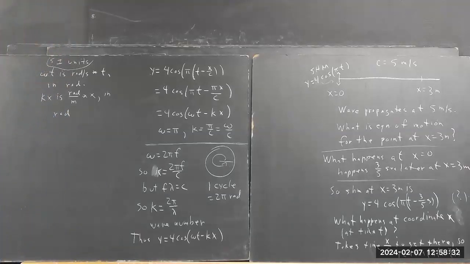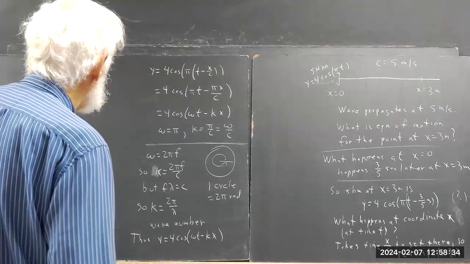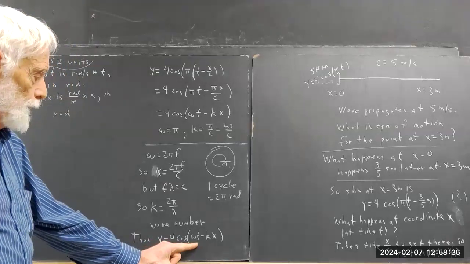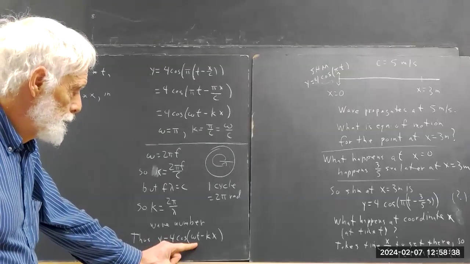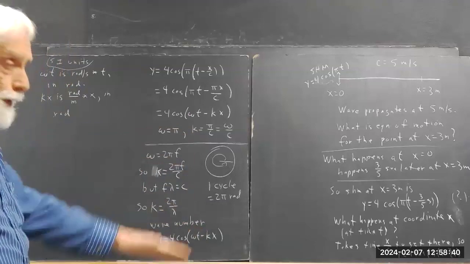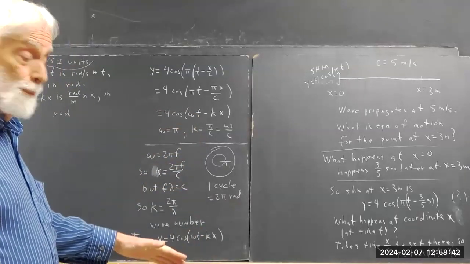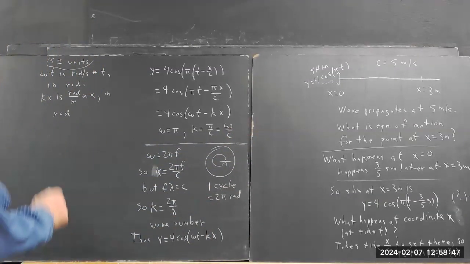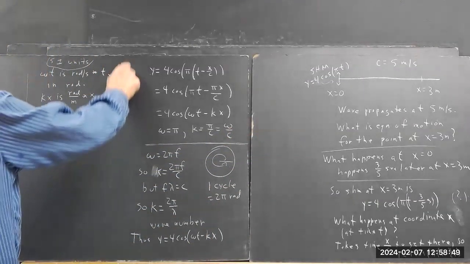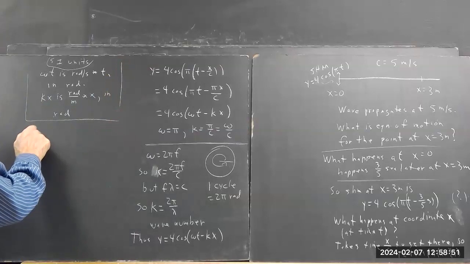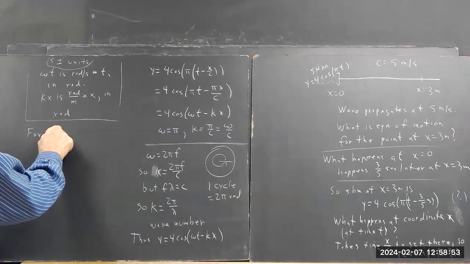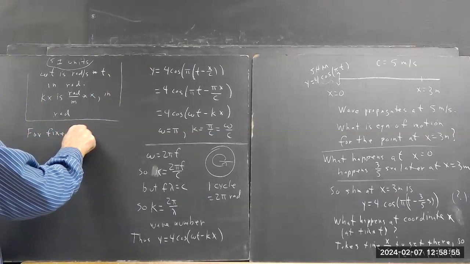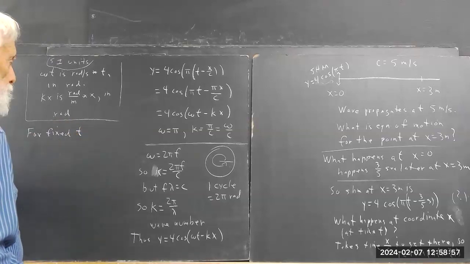So you have radians of oscillation, and you have radians of position. Now, to make sense of this, fix t.